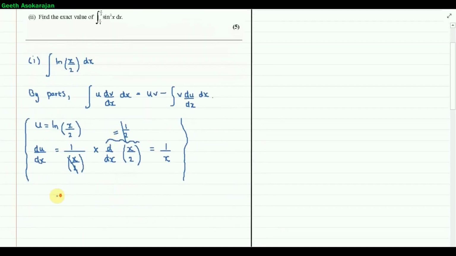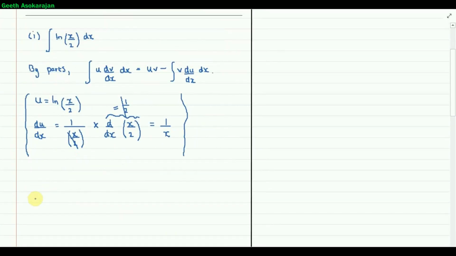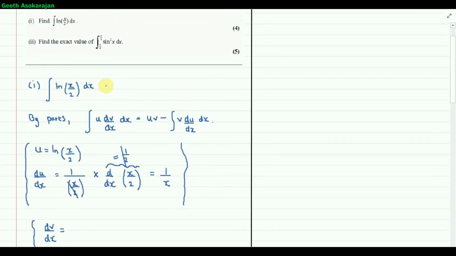However, dv/dx, so let's do another side calculation. dv/dx will be the remaining term of this integral. I'm sure you would agree that I can write this integral as ln(x/2) multiplied by 1. In other words, I can write this integral as a product of two terms.